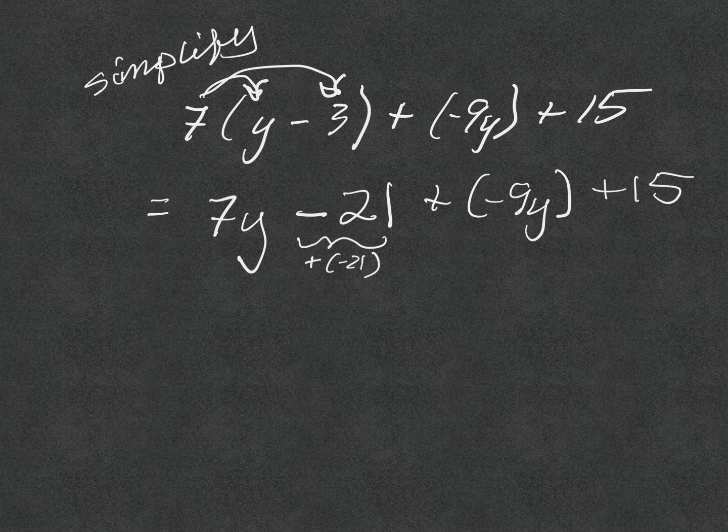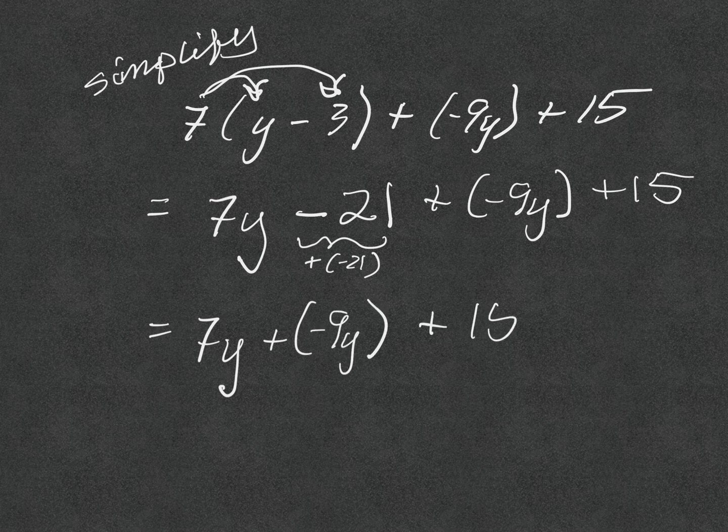So I have commutative, so I can change the order, and then I have associative, so I can group together the things I want. In any case, this would be rewritten as 7y plus a negative 9y plus 15 plus a negative 21. All right? And now I do the addition.